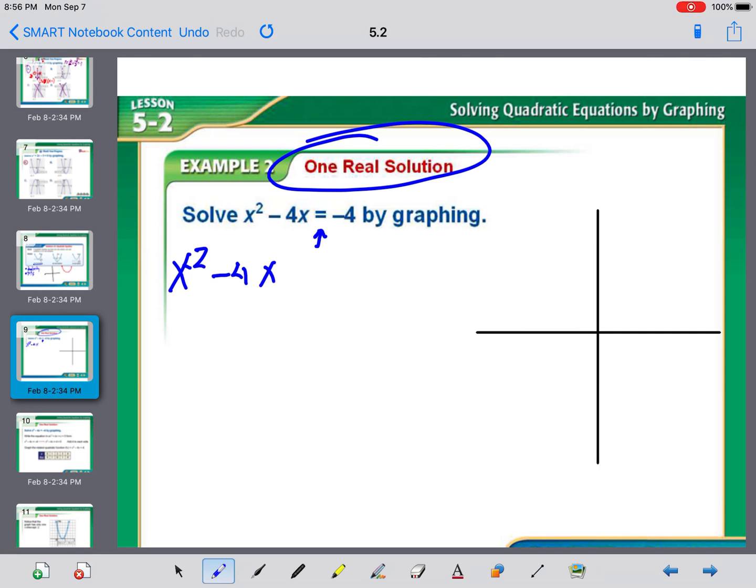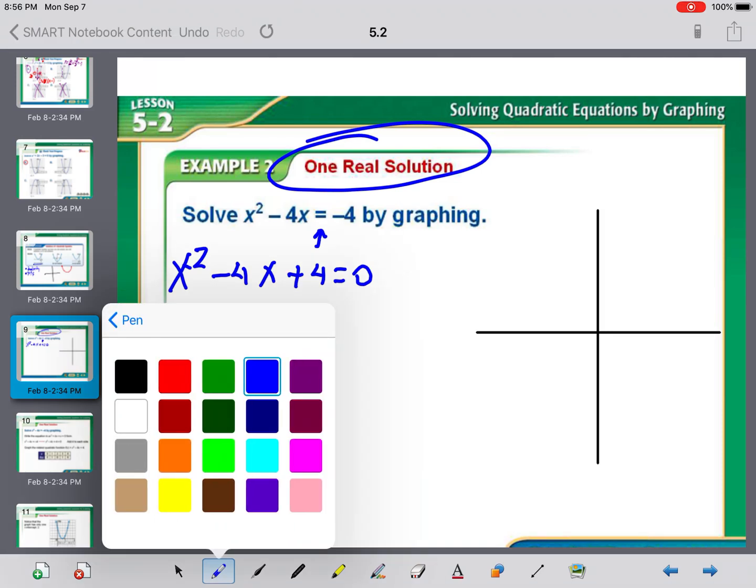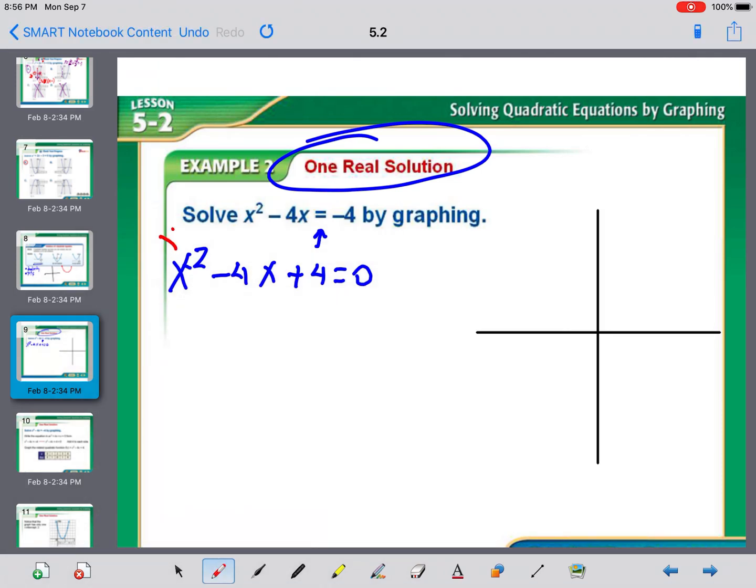So it says solve this by graphing, and here's one real solution. Maybe you notice that it's not equal to 0. The criteria we discussed earlier is it has to be equal to 0. So I'm going to bring the minus 4 across to be a plus 4. Hopefully you recognize that as a perfect square right away. That's a square, and that's twice their product.